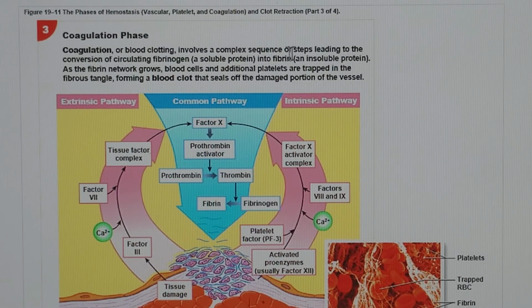Coagulation or blood clotting involves a complex sequence of steps leading to the conversion of circulating fibrinogen, a soluble protein, into fibrin, an insoluble protein. As the fibrin network grows, blood cells and additional platelets are trapped in the fibrous tangle, forming a blood clot that seals off the damaged portion of the vessel, as everything is coming down from fibrinogen to fibrin, closing off that damaged area.